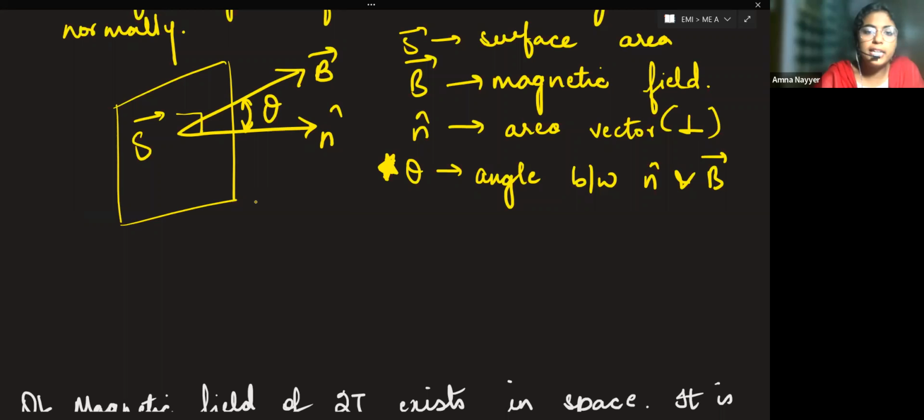This whole will definitely be 90. If something is given at this point, then subtract it from 90 to get this angle. And the formula for phi is B dot S.